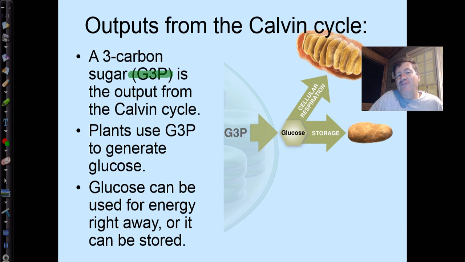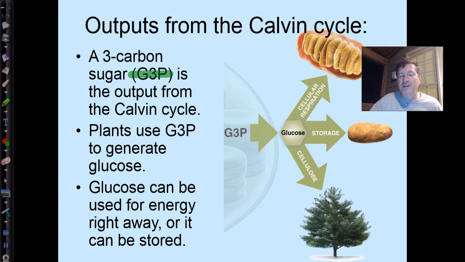If there's plenty of glucose available, they may store it as starch, for example. Remember, starch is a polysaccharide. It's a bunch of glucoses chained together. Or they may use it for something like cellulose, a structural molecule to help make the wood, if you will, to make the leaves and the fibers that make up plants.